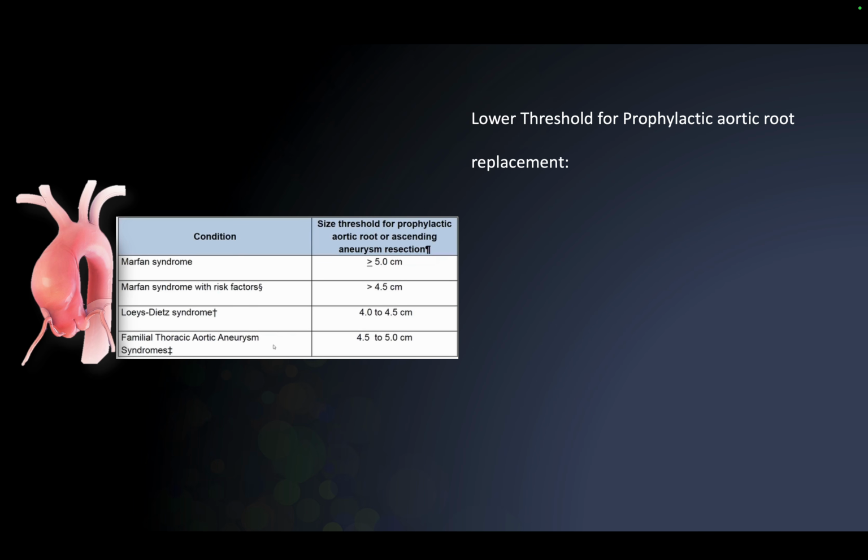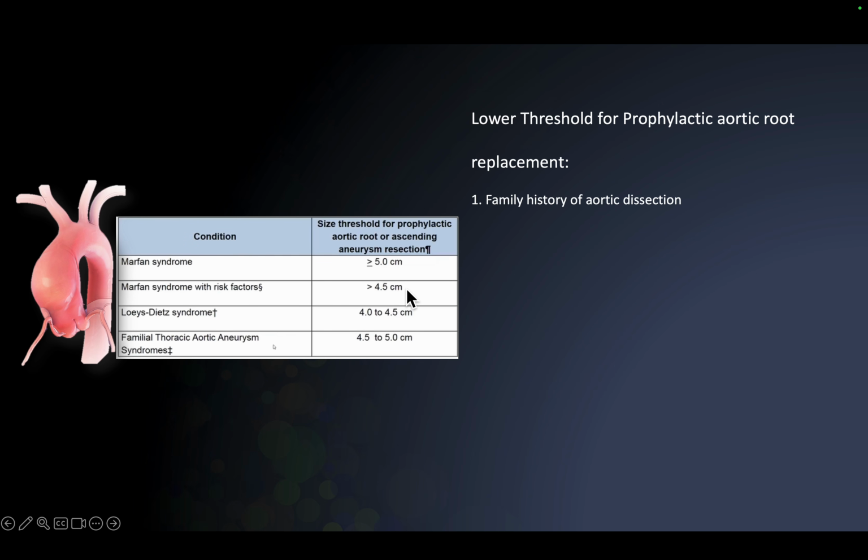But if there are certain risk factors in Marfan syndrome, then the limit is a little lower, that is 4.5 centimeters. In Loeys-Dietz syndrome and many other congenital and genetic cardiac problems with aortic root involvement, the limits are lower than that of Marfan. And as I suggested, in Marfan syndrome with risk factors, the surgery should be done a little early.